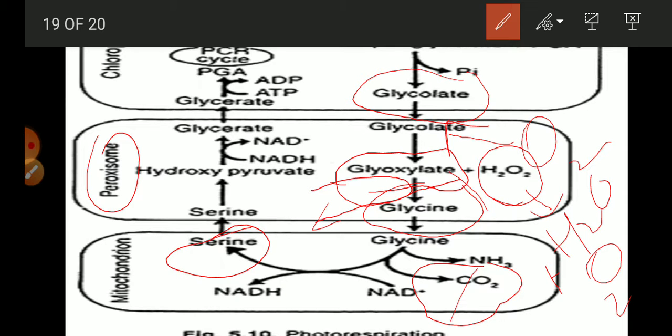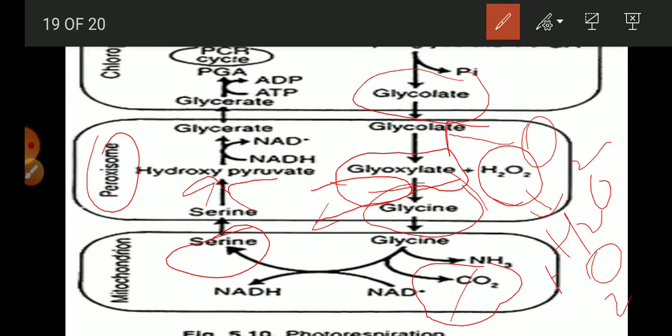The serine will enter into peroxisome, and then it will change into hydroxypyruvate. And glyoxylate will enter, and it will change into glycine.